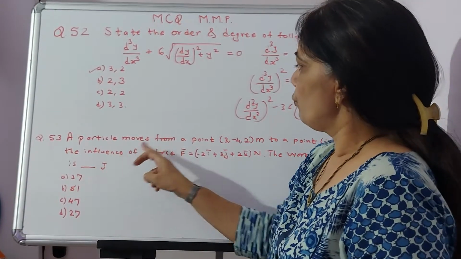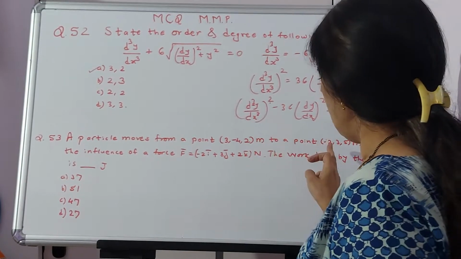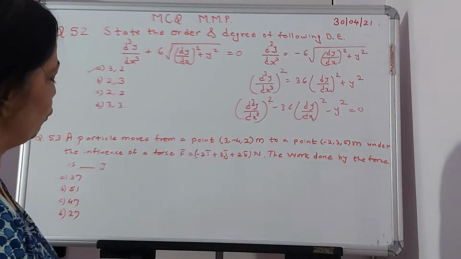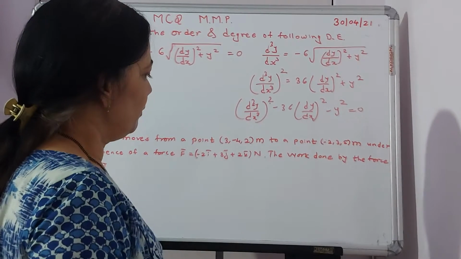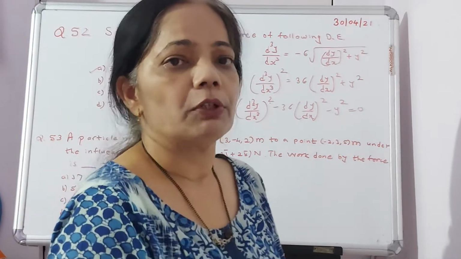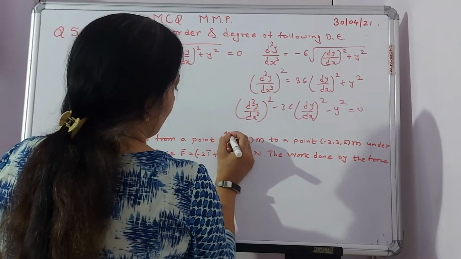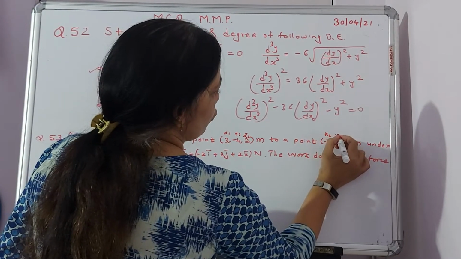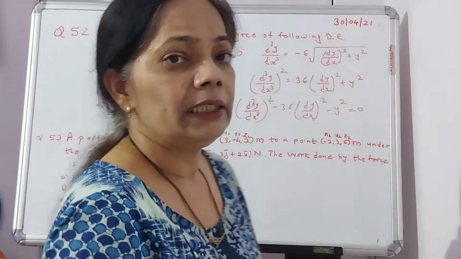A particle moves from a point (3, -4, 2) meters to a point (-2, 3, 5) meters under the influence of a force F equal to -2i plus 3j plus 2k Newton. The work done by the force should be how much joules? That's the question. Suppose I say this point is x1, y1, z1 and this point is x2, y2, z2. My first job is to get the displacement.